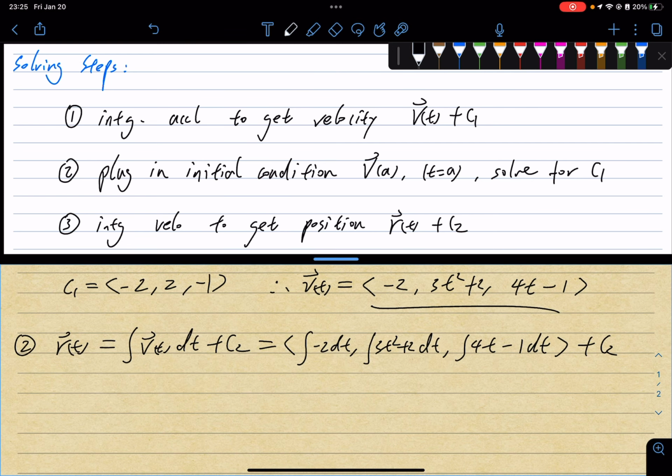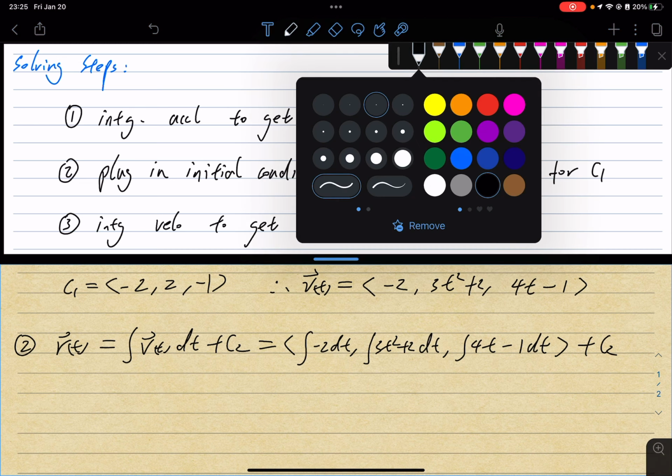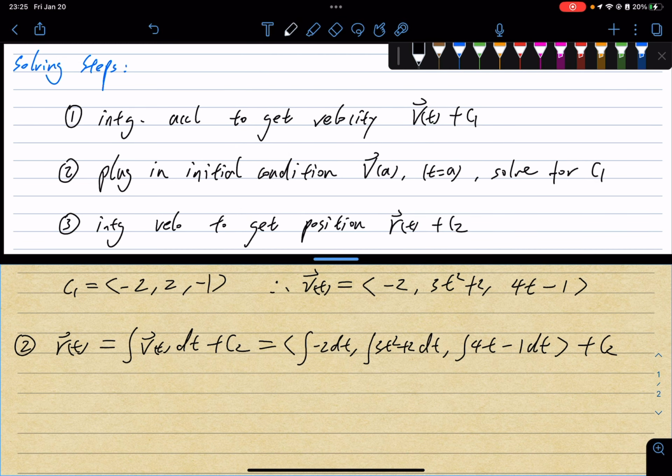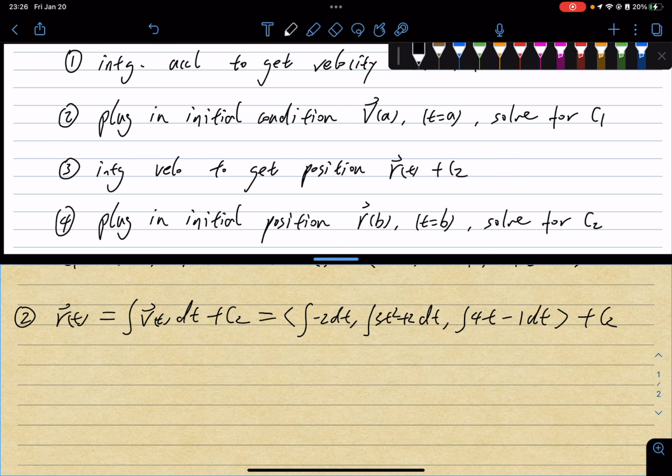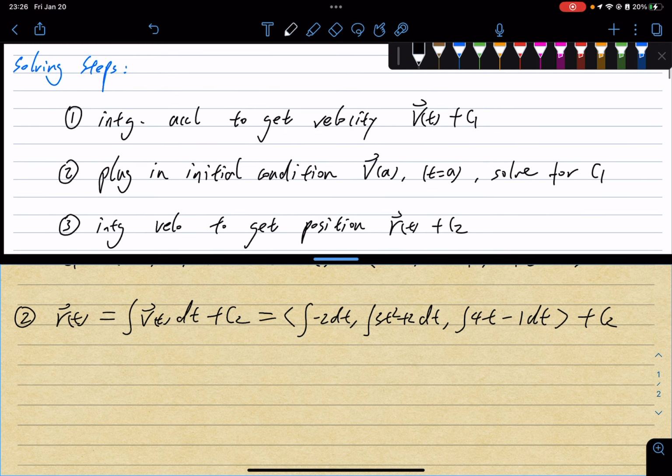Okay. So we're going to repeat, and that's what we have for step 3. And then step 4 is we're going to plug in the initial condition and solve for C2. Actually, never mind, I haven't finished step 3 yet.